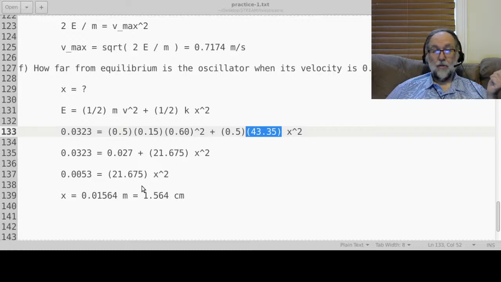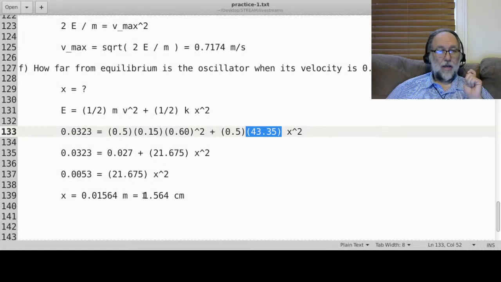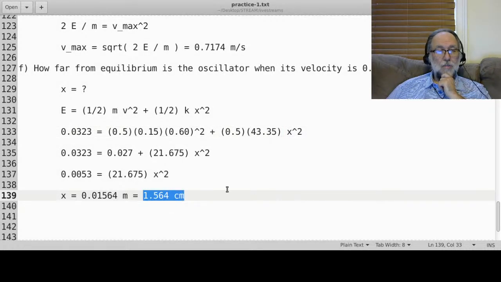And then I simplified it a little bit more. I think you guys know how to do the arithmetic on your own. Then take the square root, and eventually I got 0.01564, which if I convert to centimeters, because I've been working in centimeters, turns out to be 1.564 centimeters. Does that make sense?